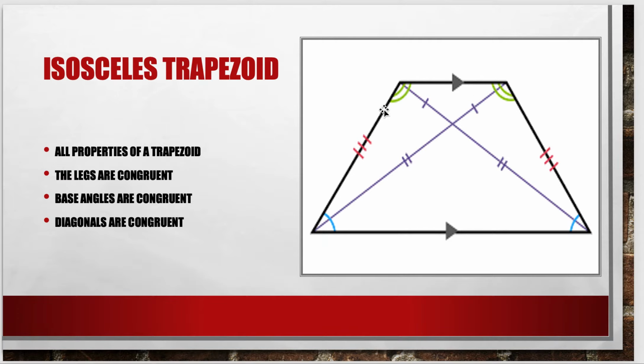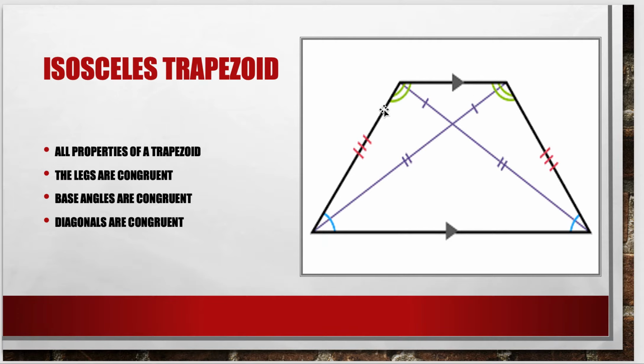But it's also the angles to it are congruent. Right here, you can see, and the angles right here. And then same with the bottom. This angle is congruent with this angle. And then the diagonals are congruent. Diagonals are the same, as you can see.